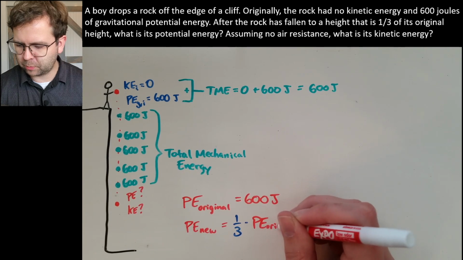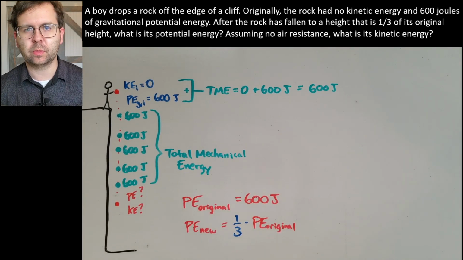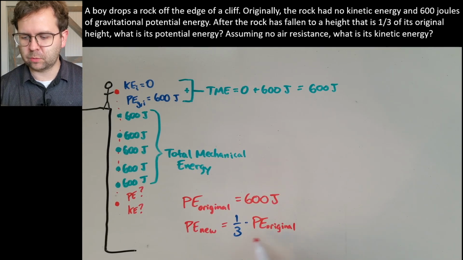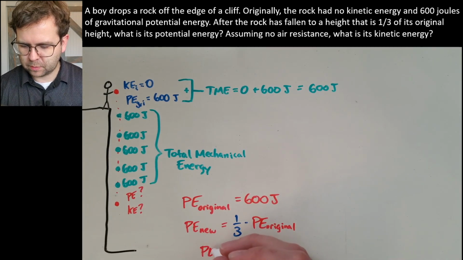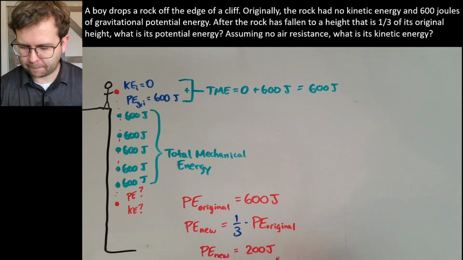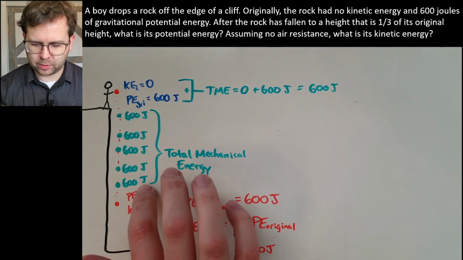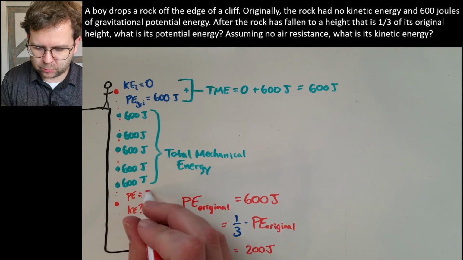And that's because potential energy has a directly proportional relationship with the height of the object. So if it's 1/3 as high, it's going to have 1/3 as much potential energy. So 1/3 times 600 gives us a new potential energy of 200 joules. Okay, so right here we can write the potential energy equals 200 joules.